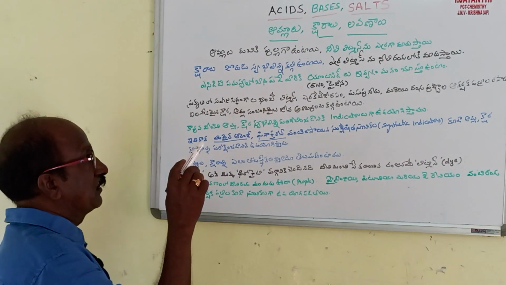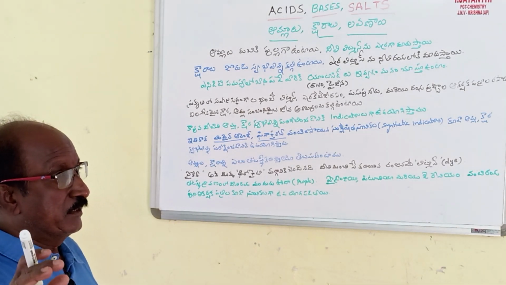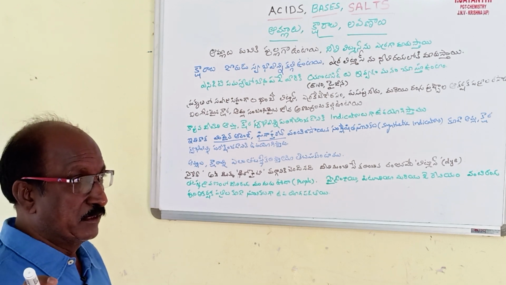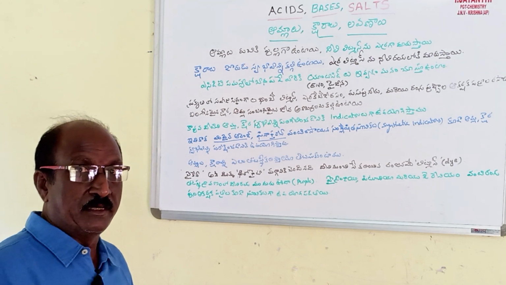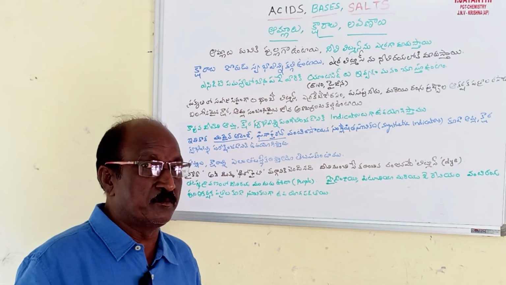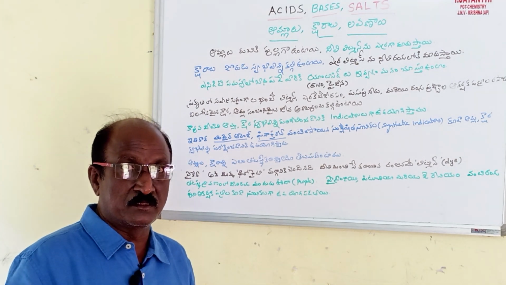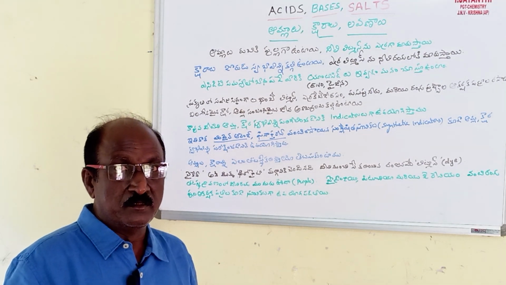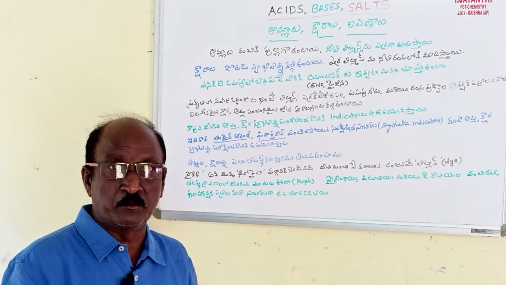Actually, what is happening is we prefer antacid tablets or antacid liquid for those who are suffering with the acidity problem. If we eat too much, whether it is non-vegetarian or whatever it may be, they suffer with acidity problem.